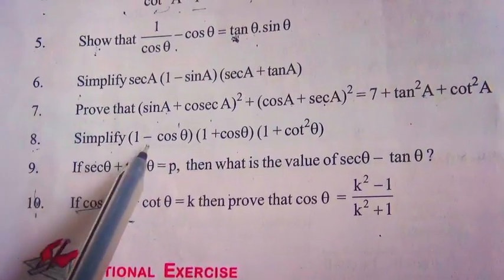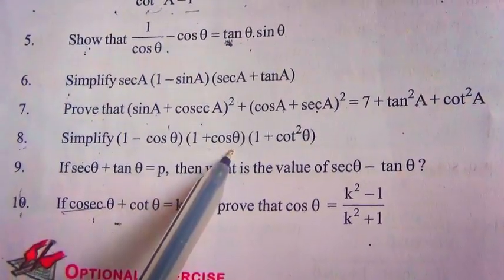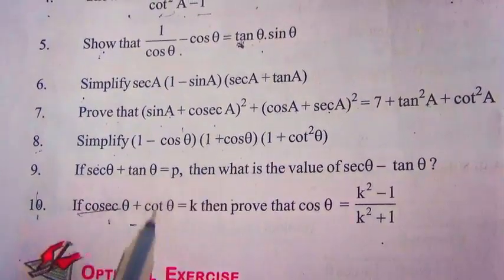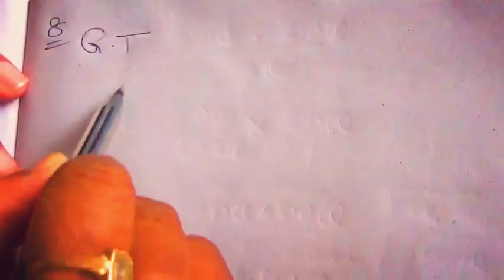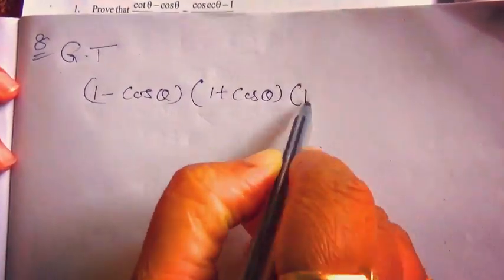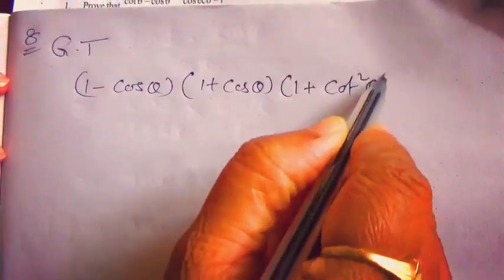Look at here, simplify 1 minus cos theta into 1 plus cos theta into 1 plus cot square theta. We have to simplify this expression. Okay, 8th one. So given 1 minus cos theta into 1 plus cos theta, 1 plus cot square theta.